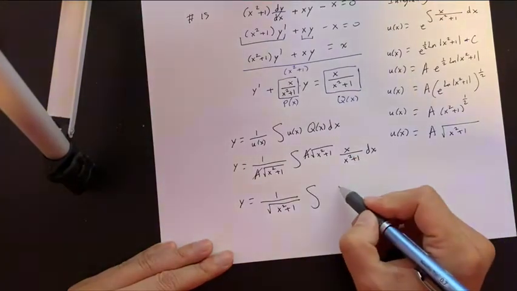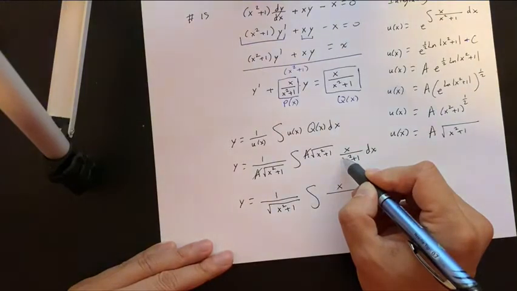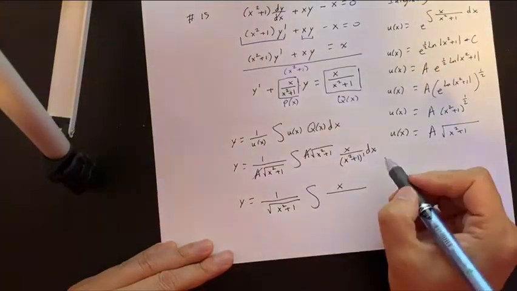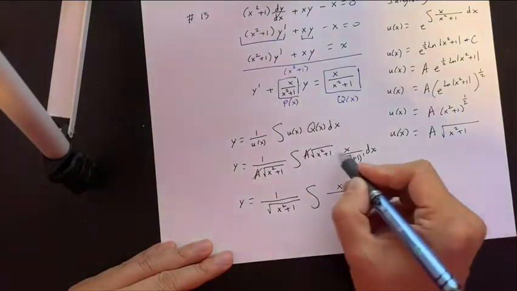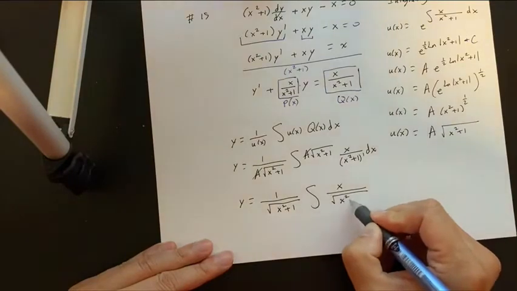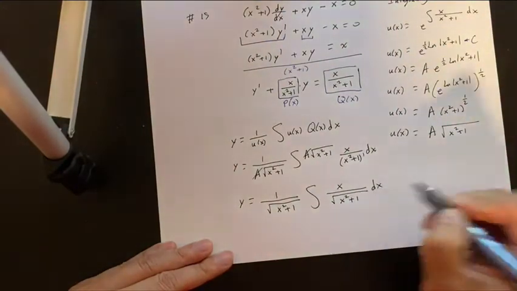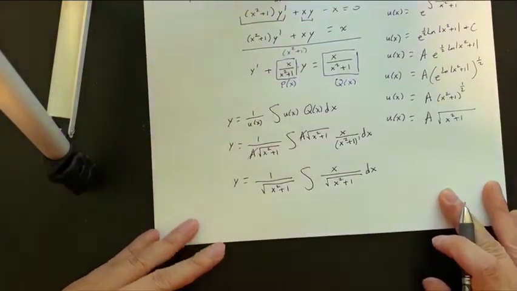And I have to take the integral of, so that's really x squared plus 1 to the power of 1, and that's really x squared plus 1 to the power of 1/2. So after you cancel 1/2 away, you get square root of x squared plus 1 in the bottom. So we're very close to the answer.